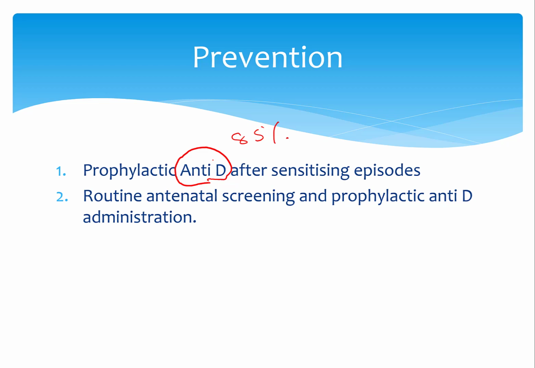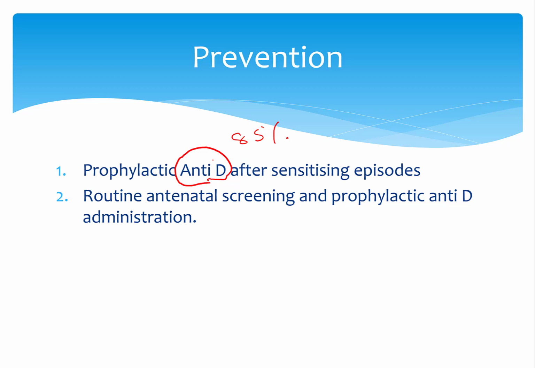We don't have anti-capital C, or small c, or capital E, though they can still cause hemolysis, and giving anti-D probably is not going to do anything. So, at the present state, we treat only D negative mothers. There are Rh positive ladies with small c, capital C, and we don't treat them with anti-D. So, only about 85% of possible sensitizing episodes are covered with our anti-D treatment.